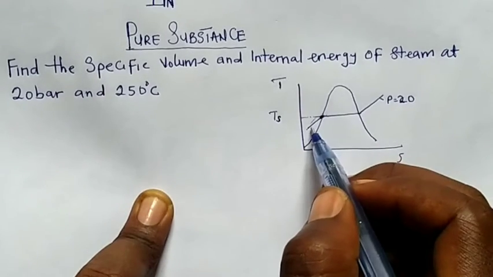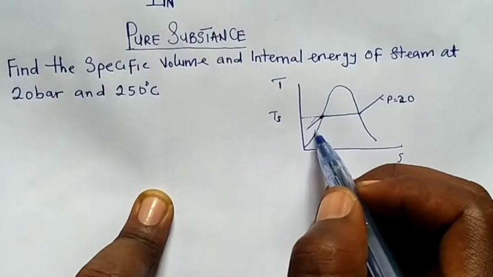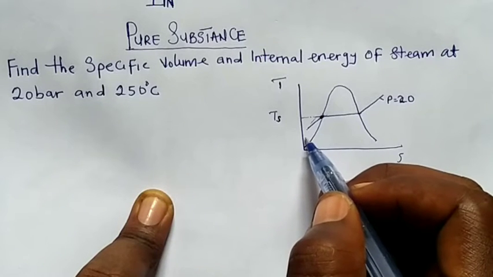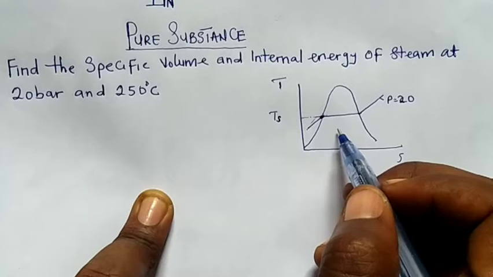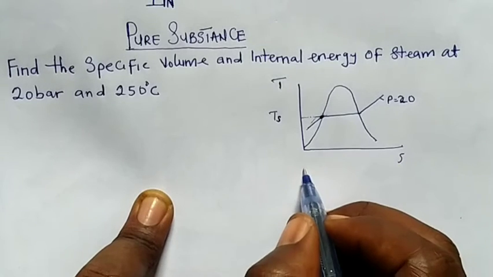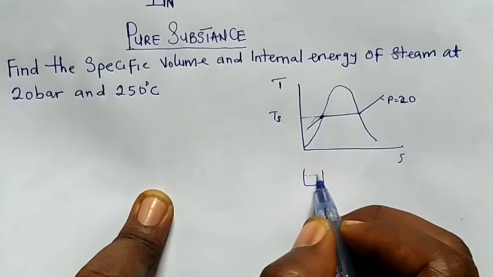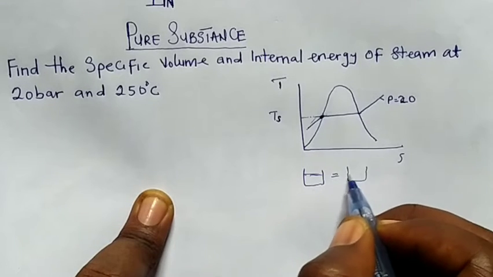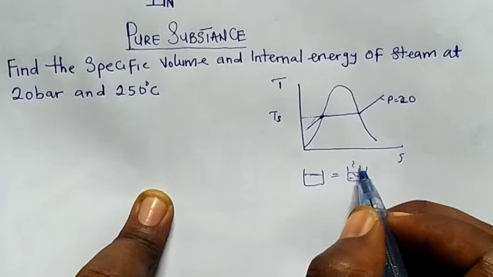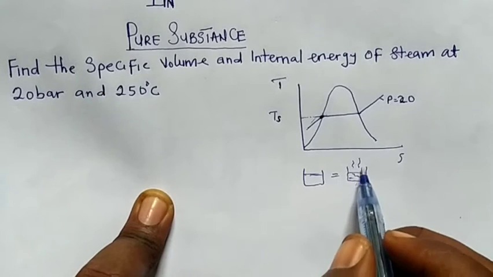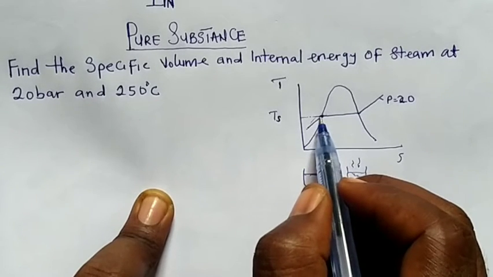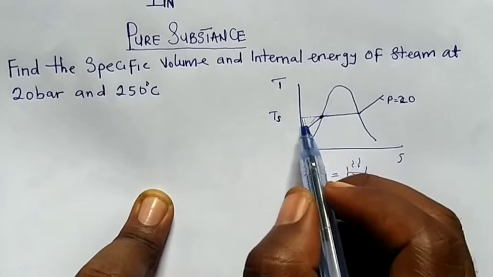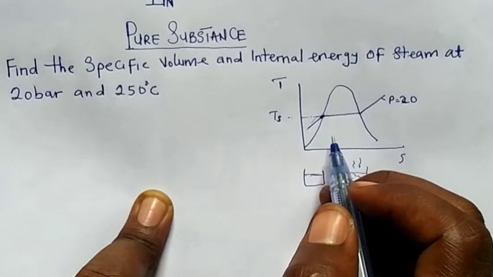At this point, the temperature of the water or the liquid starts to undergo phase change. If you are boiling water, there will be a stage where the water starts boiling, then you start seeing steam. When you start seeing steam, it will be at this temperature here, TS. Are we good now? So they call it the saturated temperature.